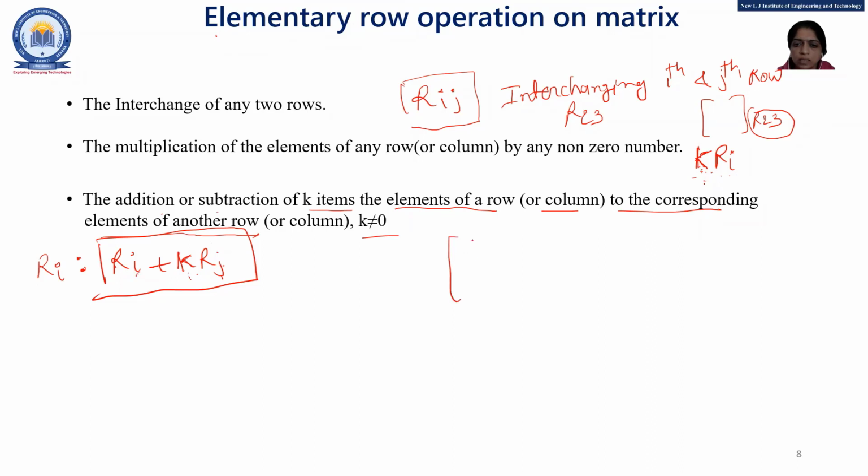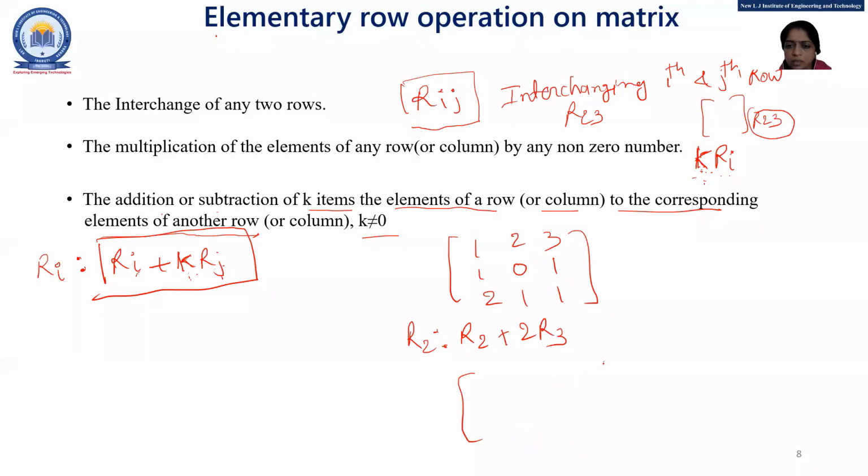Okay, let's suppose I have 1, 2, 3; 1, 0, 1; and 2, 1, 1. Suppose I am writing R2 plus 2R3. What does it mean? Here I have to write my first row as it is. This is my first row, 1, 2, 3, right? Now, for the second row, I have to multiply the third row by 2 and add whatever I get to the second row.